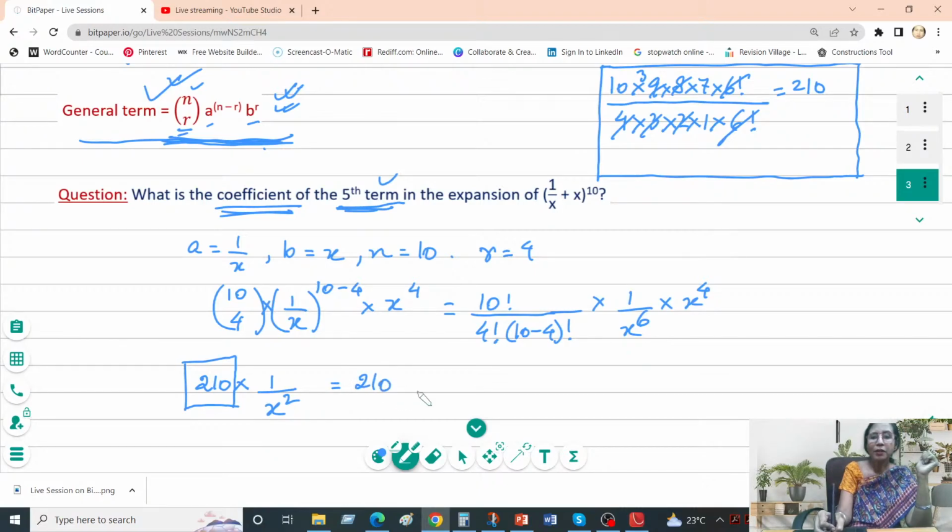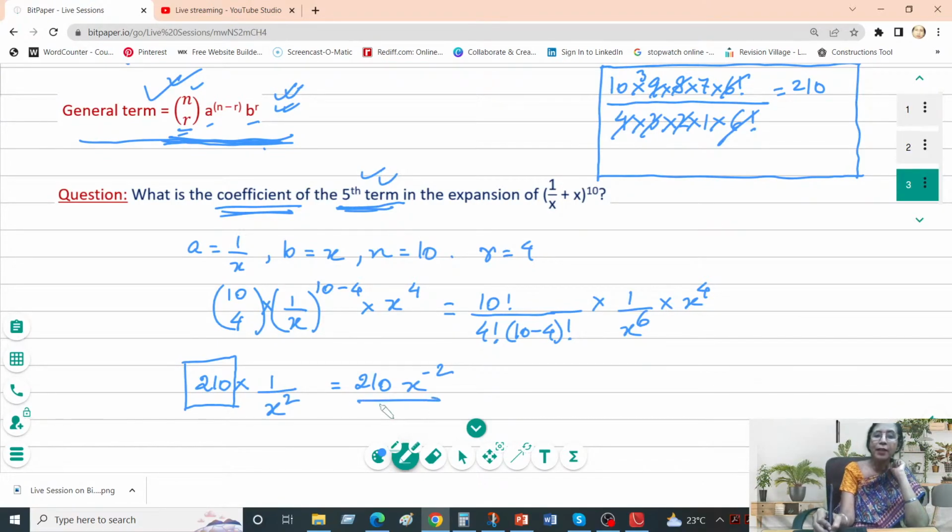Because this can be written as 210 times x to the power of -2. So what is the coefficient of the fifth term? The question could have been in this way: what is the coefficient of x to the power of -2? Okay. So when they ask for the coefficient, don't give the x part. If they ask for the fifth term, what is the fifth term?